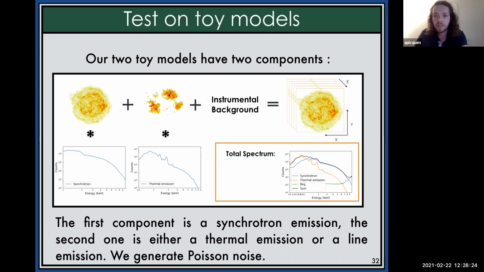And the aim was to test the algorithm on this kind of toy models. For both types of toy models, either the thermal continuum or the thermal line emission, we obtained several toy models with the ratio between the synchrotron and the other component being different each time, to see how faint the second component could be for the algorithm still to be able to retrieve it.